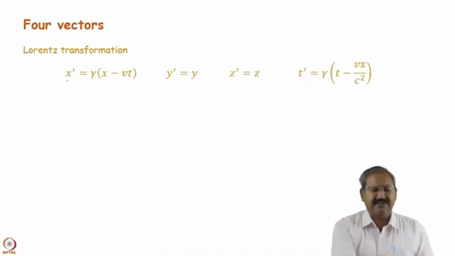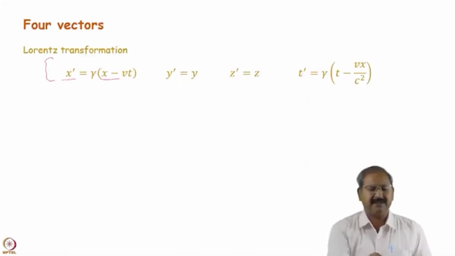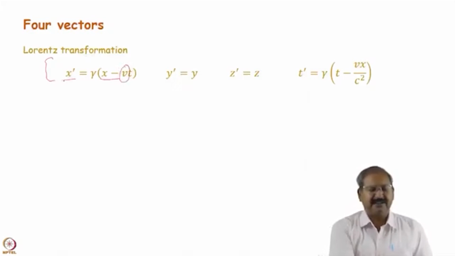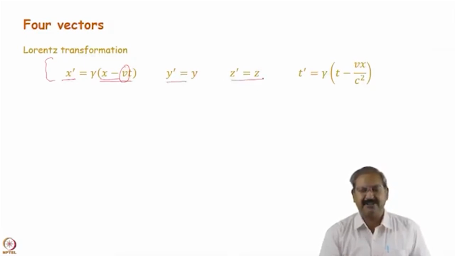We all know these are the Lorentz transformations. This is the unprimed frame and this is the primed frame, and the primed frame has a relative motion with speed v in the x direction. So the x coordinate will transform according to x prime equals gamma times (x minus vt). Gamma is the relativistic gamma factor. Because there is no motion along the y and z axes, these will not change.